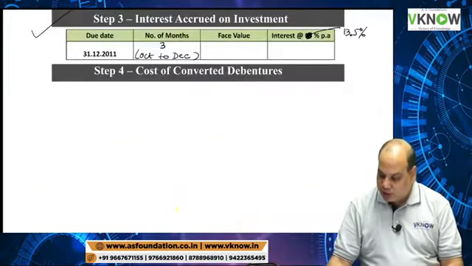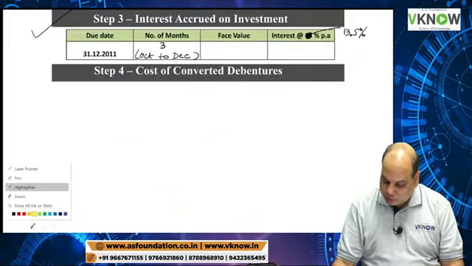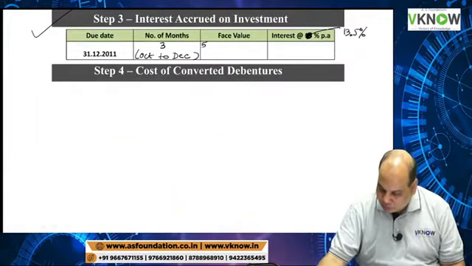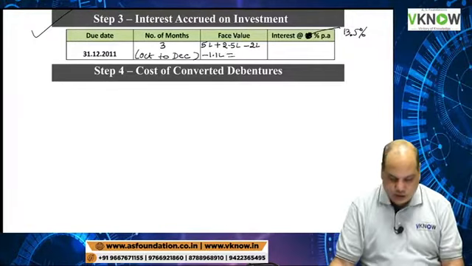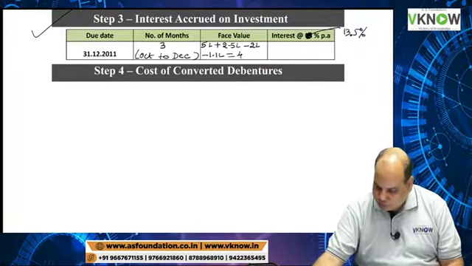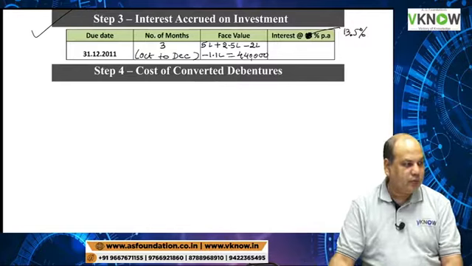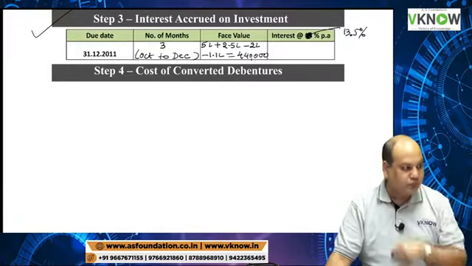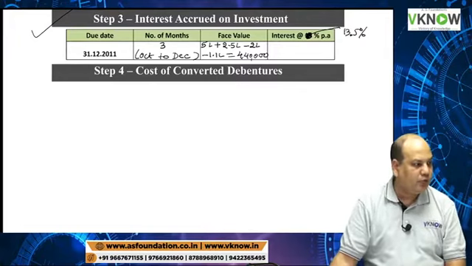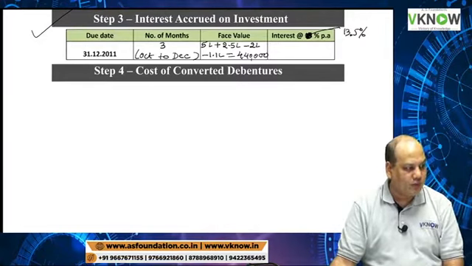So you will write like this: face value 5 lakh plus 2.5 lakh minus 2 lakh minus 1.1 lakh. So that is equal to 4 lakh 40,000.